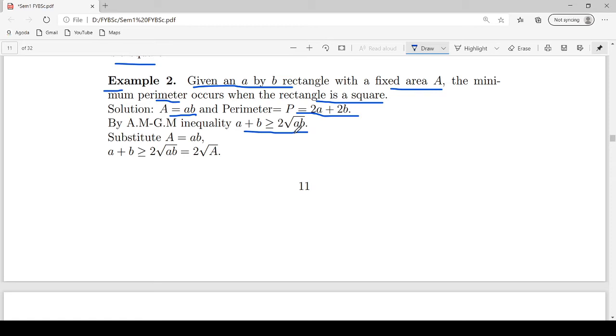But A into B is the area, which is equal to capital A. So A plus B is greater than or equal to 2 times square root of capital A.